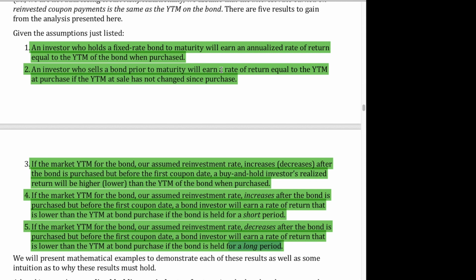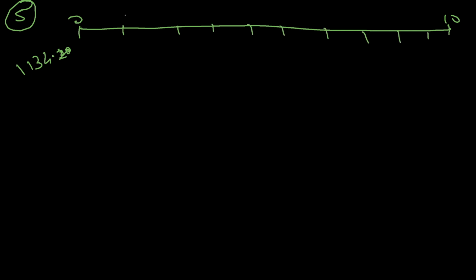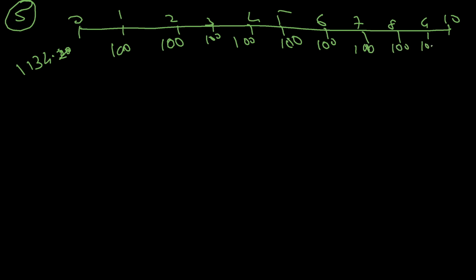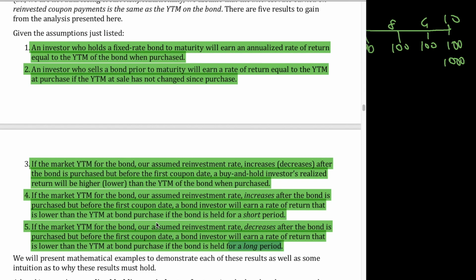So the fifth point. Again, I'm just writing directly here. A 10-year bond, and initially it was 1134.20. So 1 2 3 4 5 6 7 8 9 10. Each year 100, and then reinvested, you will earn a lower rate of return.